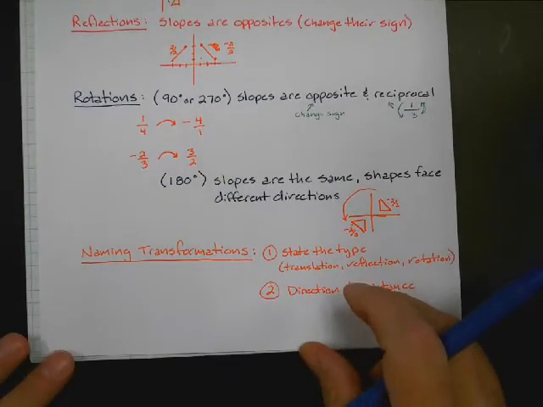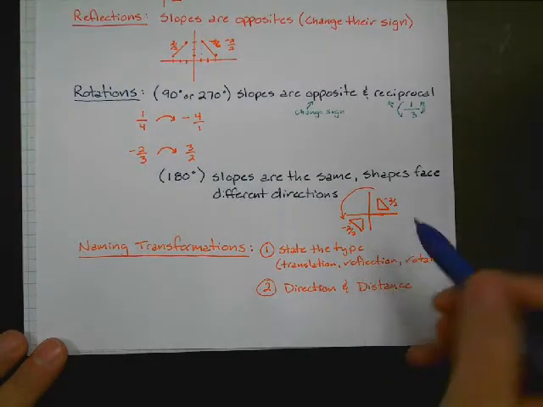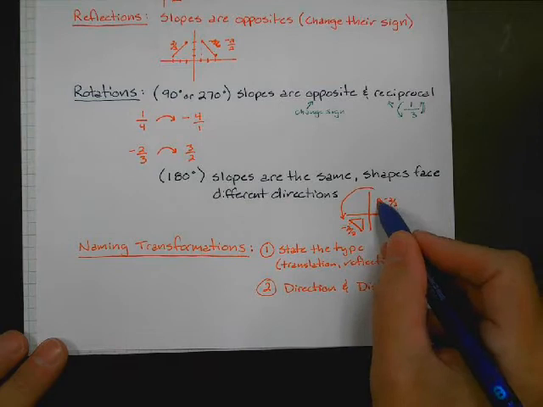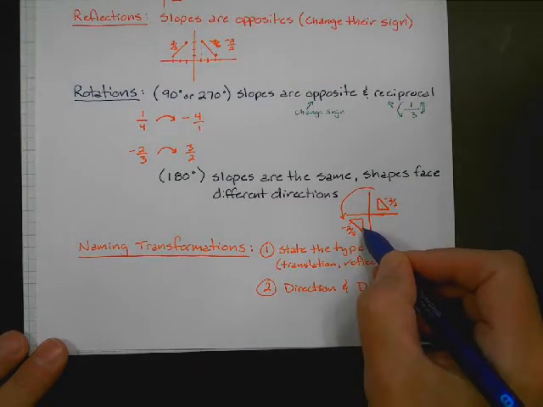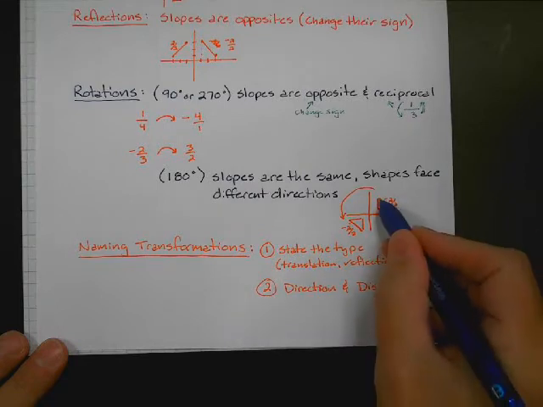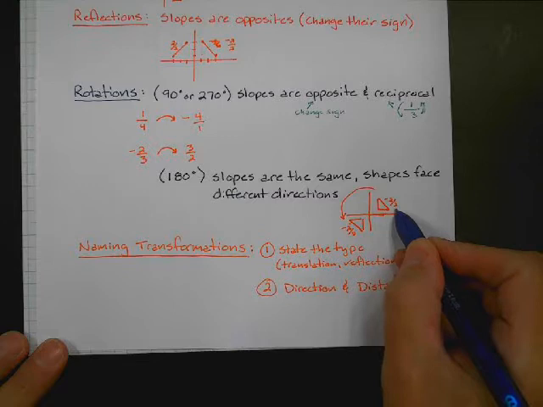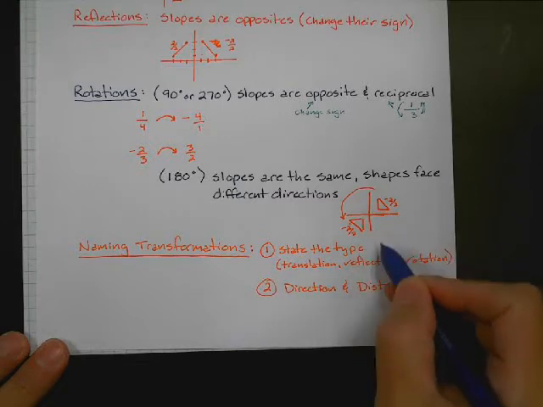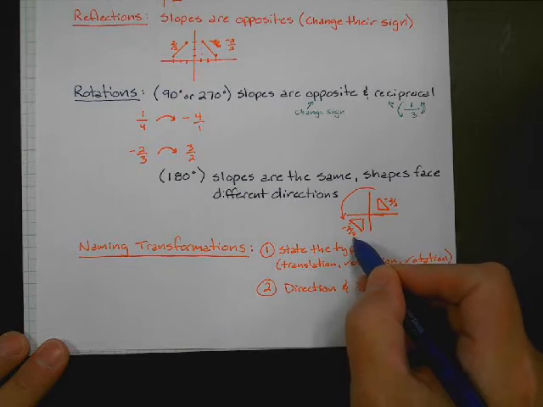Now 180-degree rotations are a little bit different. I took this shape here and I rotated it 180 degrees. What I notice is, let's just say this slope was negative 2/2. After a 180-degree rotation, I still get a slope of negative 2/2.